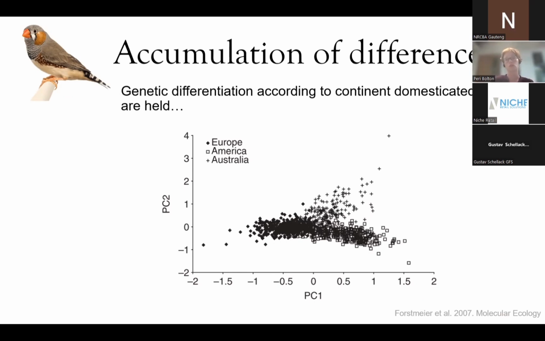These were birds that were sourced from across the world, but as you can see, these clusters from different continents are clustered separately and not all together, suggesting that these populations are potentially evolving separately.